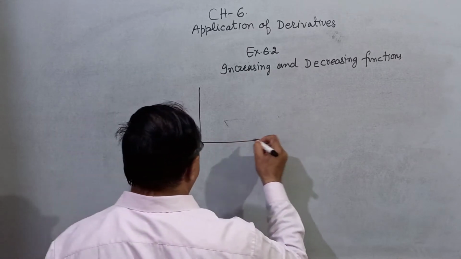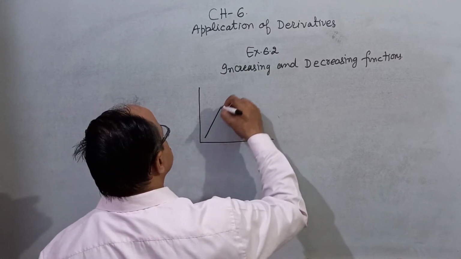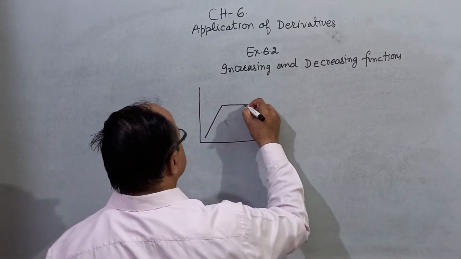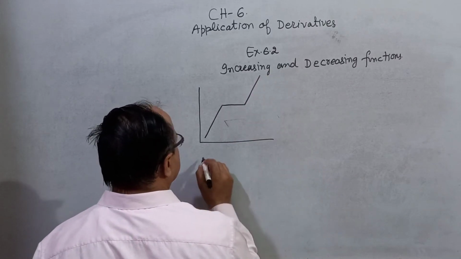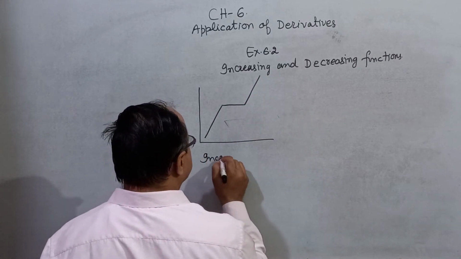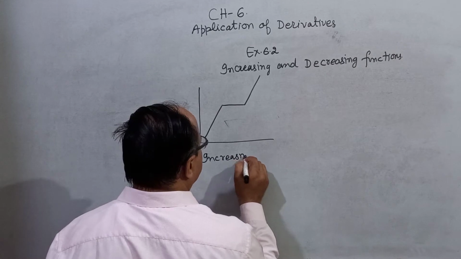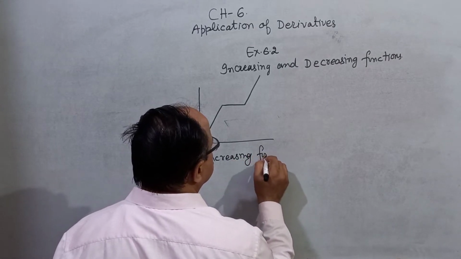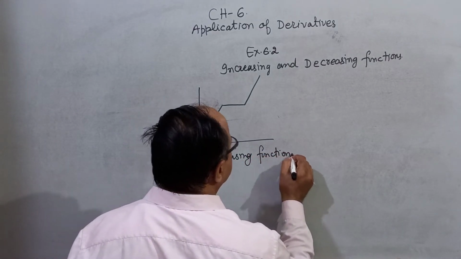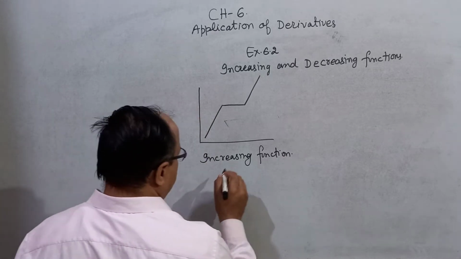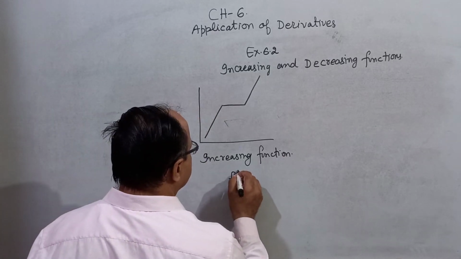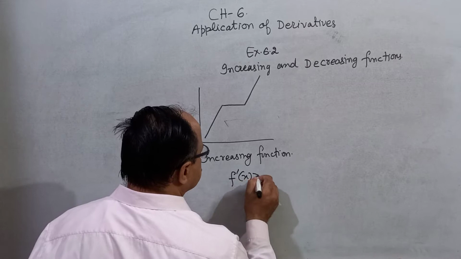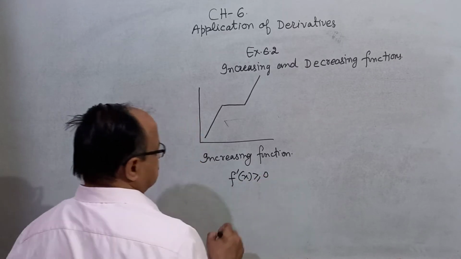You know that if the function is increasing, then constant, then increasing, this is called an increasing function. And the condition for this, you have to prove f dash x greater than or equal to 0.